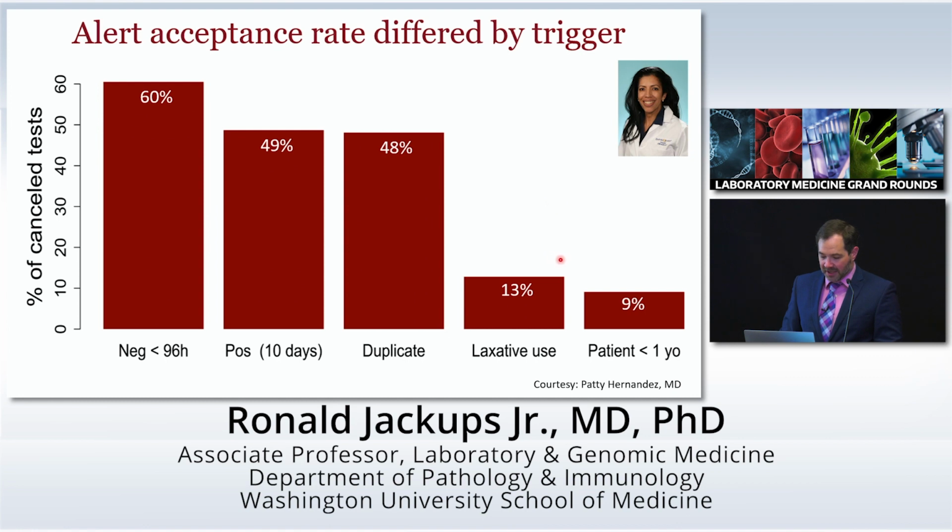And again, we see a big failure here. For laxative use, only 13% of those resulted in meaningful change where they actually canceled the alert. So either we're doing something wrong or people aren't listening. The soft stop doesn't seem to be very effective, but one of our residents, Patty Hernandez, pulled this data together and provided the basis to say, yes, I think we've done what we could to see if the soft stop works.